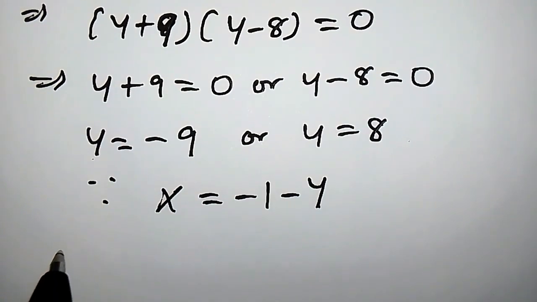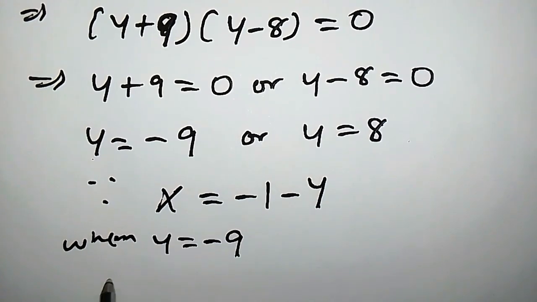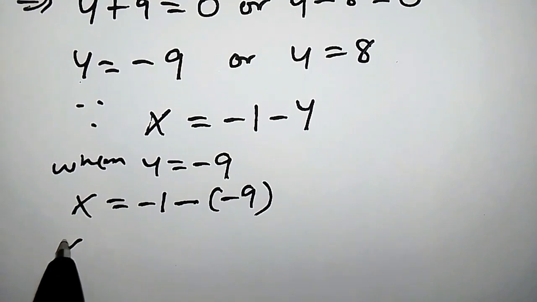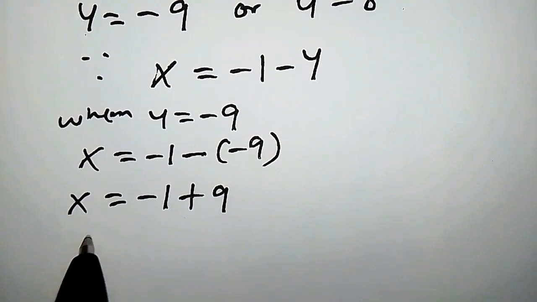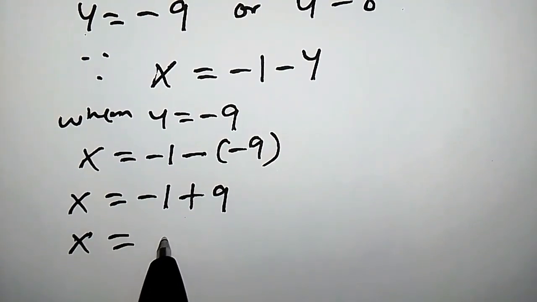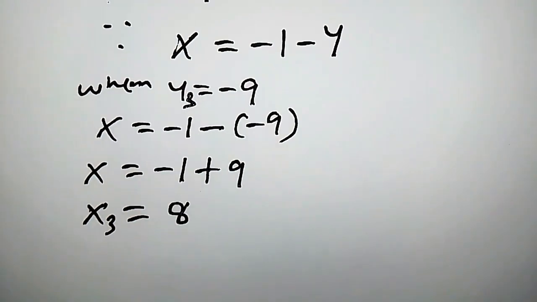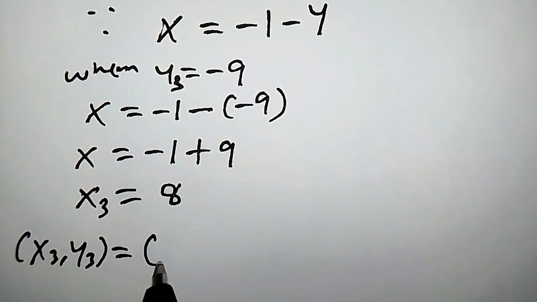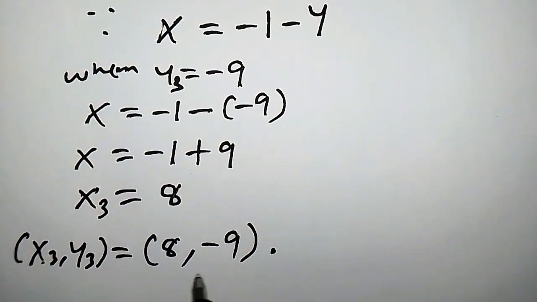Considering y equal to -9, x equal to -1 minus, we now replace this y with -9, x equal to -1 minus times -9, that is +9, x equal to -1 plus 9, that is simply 8. Let us call this x3 and this y3. This means that the third solution, x3, y3, is simply equal to x3 is 8 and y3 is -9. This is the third solution.